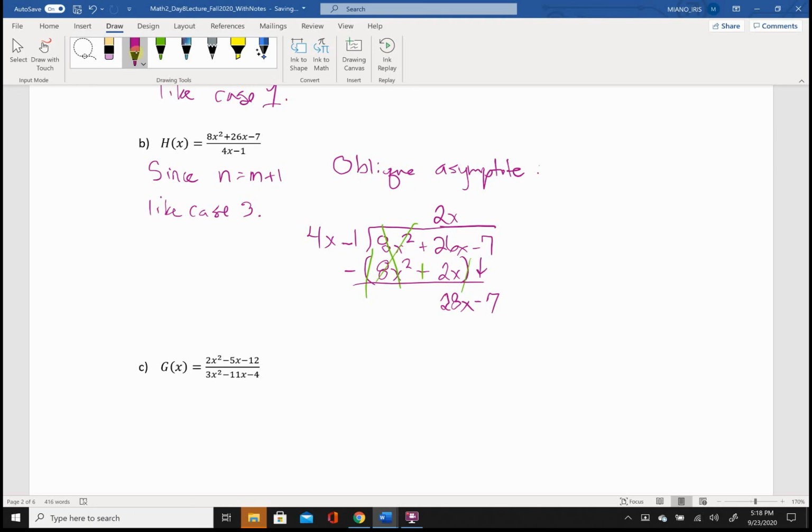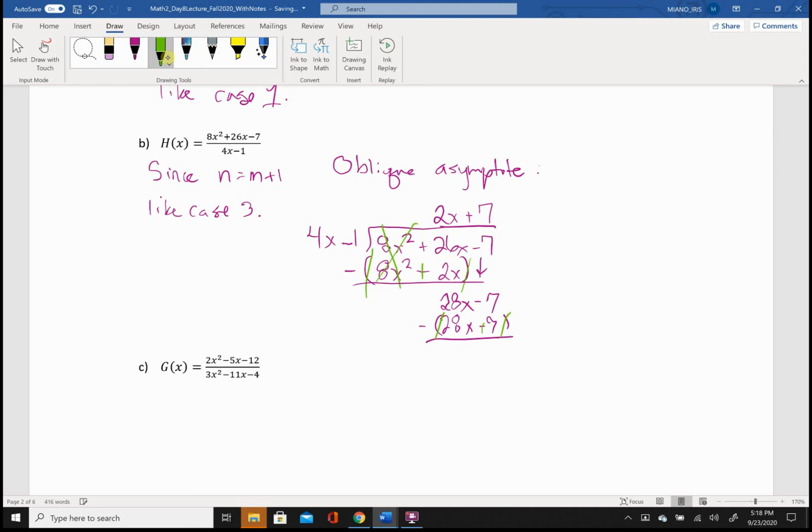Okay, so anyway, it looks like the multiplier that goes in this next position in the quotient is 7, right? Because 4x times 7 gives me this 28x. So plus 7. Distribute through, you'll get 28x minus 7. Oh, and everything is going to just beautifully cancel out here.